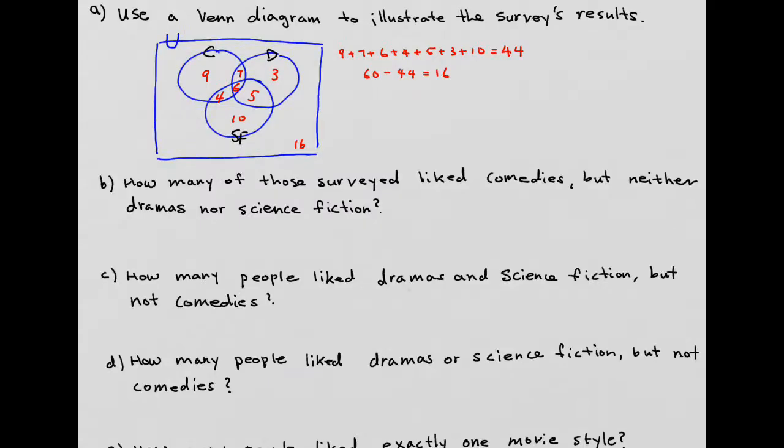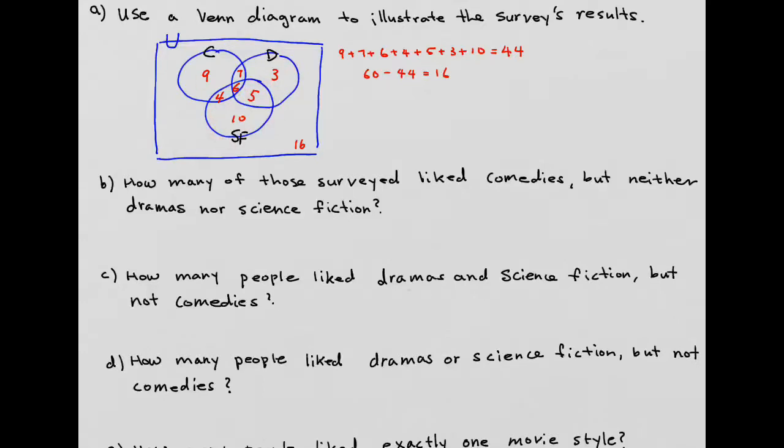Now you're going to see how easy it is to answer these questions once you have the Venn diagram. B: how many of this survey like comedy but neither drama nor science fiction? They like comedy but no drama, no science fiction, which is going to be 9.